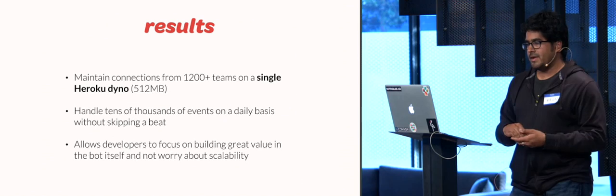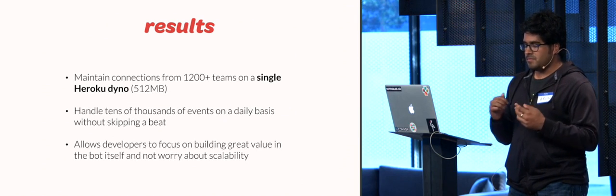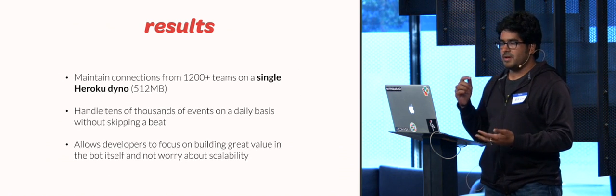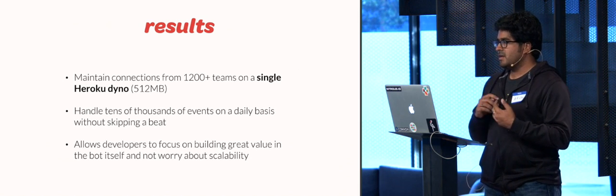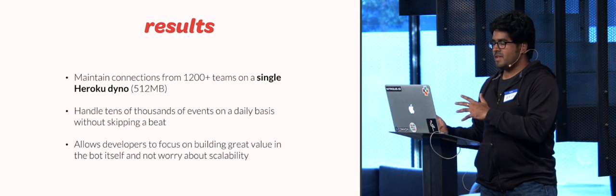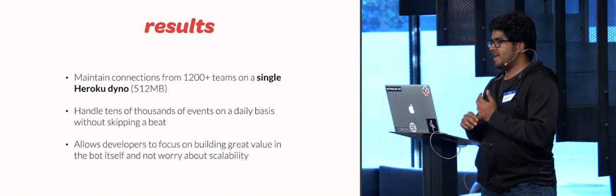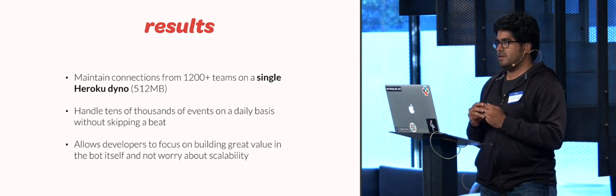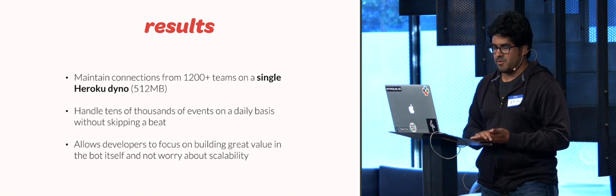So the results were pretty great. I launched Nestor on both Hacker News and Product Hunt, and tons of teams signed up, and handling all of those connections was the thing that I didn't have to deal with at all because it just performed really well.